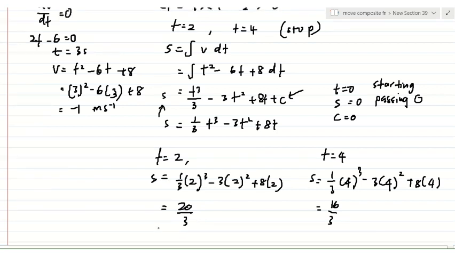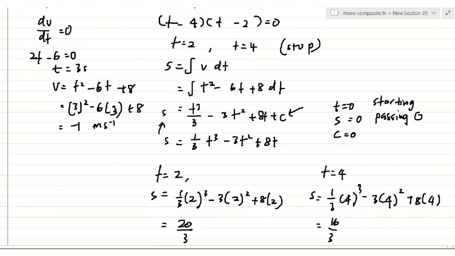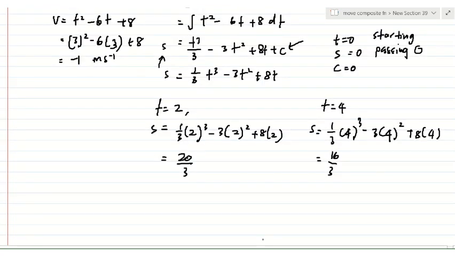So to get the distance between P and R, it is the distance between position 20 over 3 meter and 16 over 3 meter. So we have to minus.